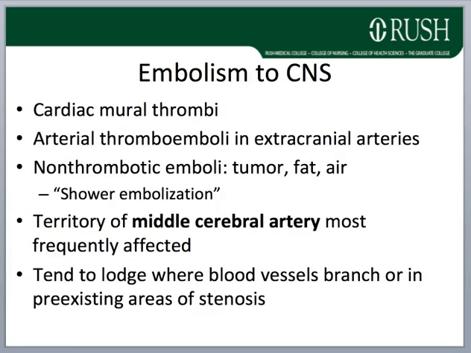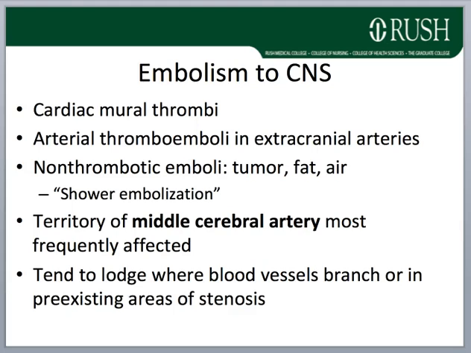Embolism to the brain occurs from a variety of sources. Cardiac mural thrombi are among the most common culprits. You should recall that myocardial infarct, valvular disease, and atrial fibrillation are important predisposing factors to the development of cardiac mural thrombi. Next in importance are thromboemboli arising in arteries, most often originating over atheromatous plaques within the carotid arteries.